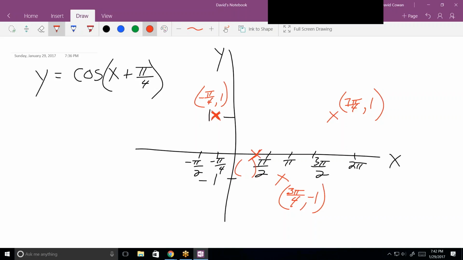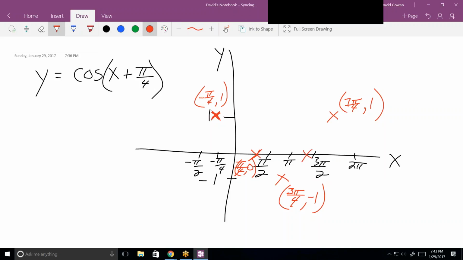In other words, when I add this number to this number, I get 2 pi over 4, correct? Right. Then I've got to divide it by 2, which gives me 2 pi over 8. That's the same as pi over 4. So that point is pi over 4 comma 0. Right. And the only other point that matters to me is somewhere in here.